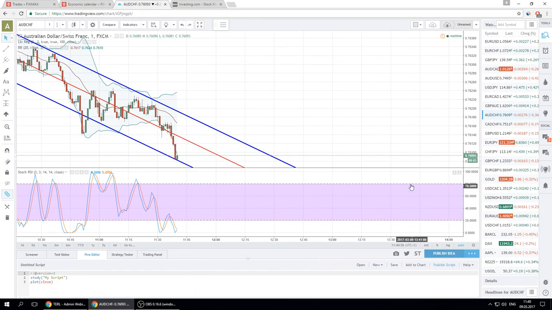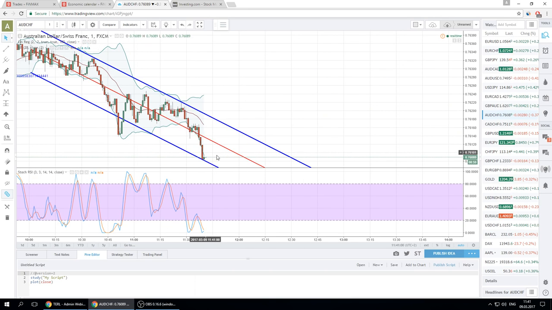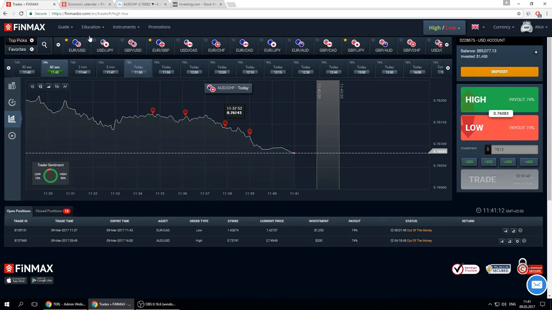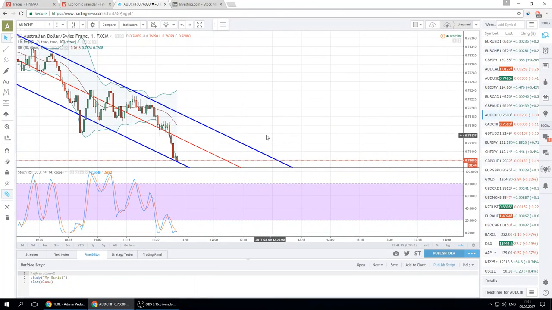In several seconds this candle is going to close, and we're going to see what's going on here, because 3 candles in a row were red. Our trade is out of money, so it keeps falling.